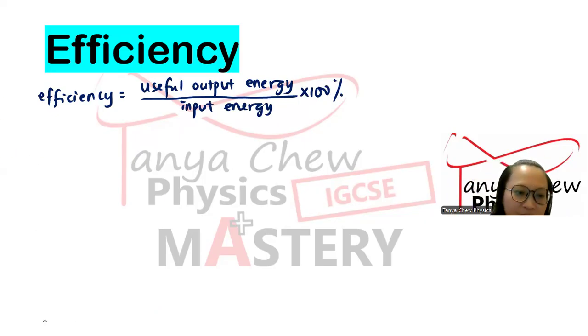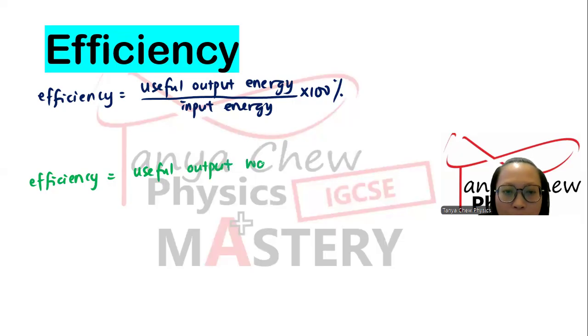Or efficiency can also be calculated, if useful energy is not given, using useful output work over input work times 100%.